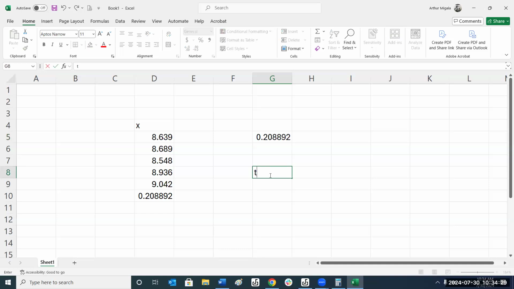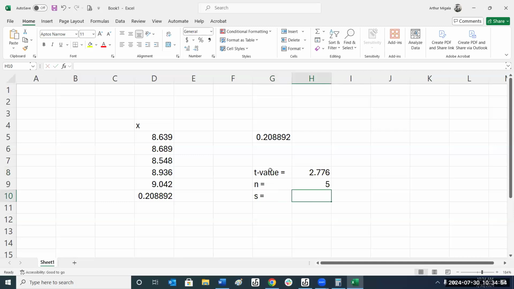So to find my t value, I have to use my t-test, to find the error. T value was 2.776. N was 5. And S is that value.